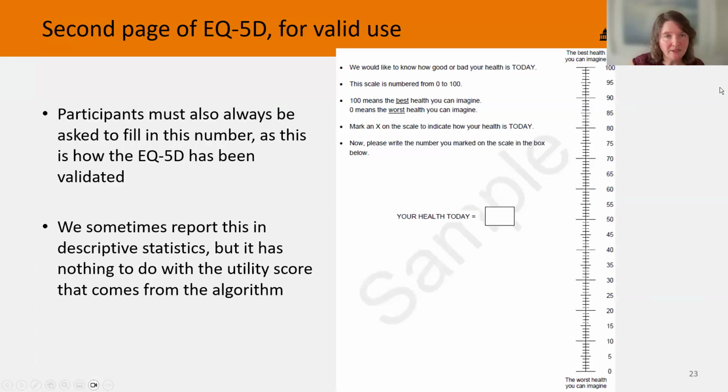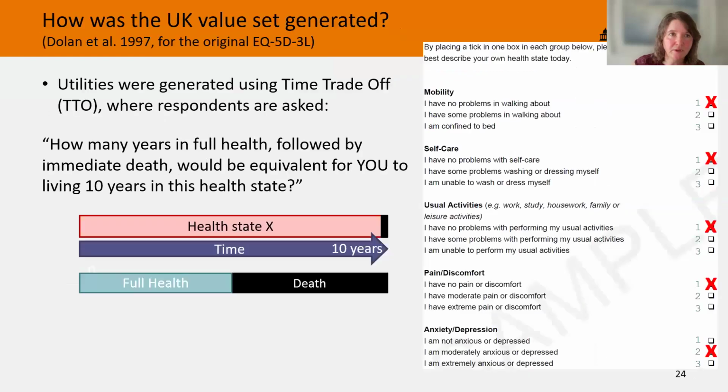This is the second page for the EQ5D, and it has to be used in order for the questionnaire to be valid. But we don't actually do anything with this number. It's part of the process of filling in the questionnaire, but sometimes we report it, often we don't, because it tends to confuse people. It's not the same as the utility score that you get from the algorithm.